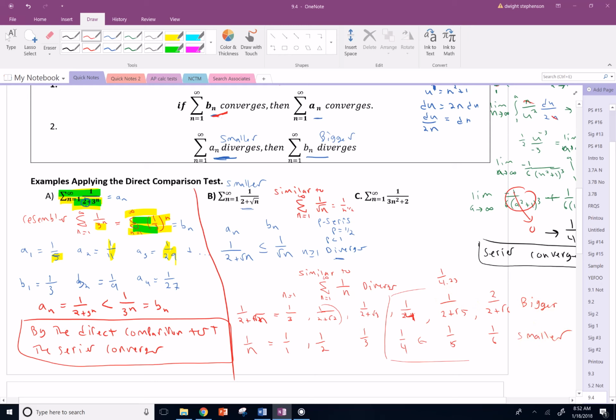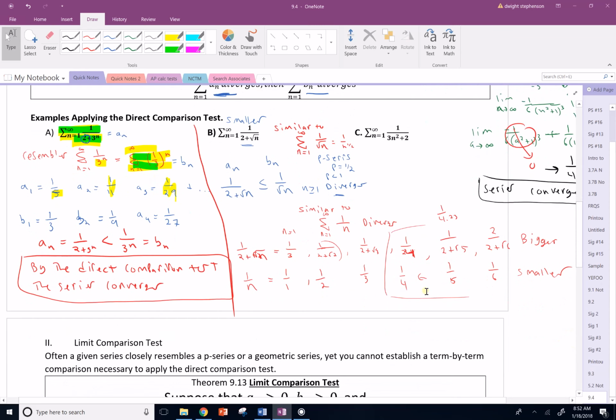And so what we can show is that the smaller series diverges. So in this case, since the smaller series, 1 over n, is less than 1 over 2 plus square root of n. Now let's add a condition here. This is for when n is greater than or equal to 4.